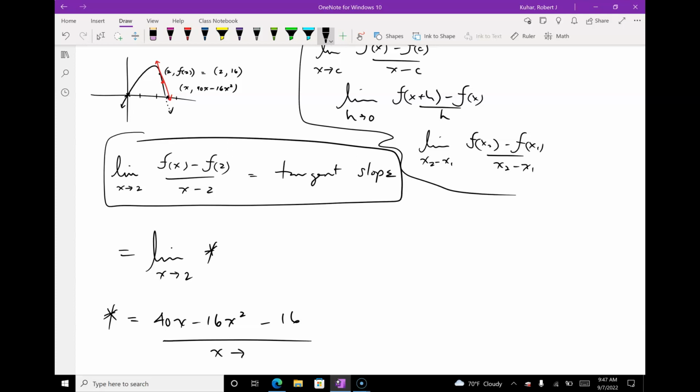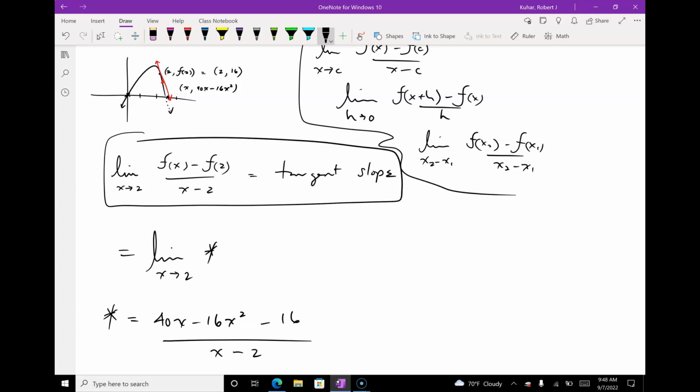Nice. And you can already see the problem when x is 2, because what happens downstairs when x is 2? I get a 0. I'm hoping I get a 0 upstairs as well. This is an 80, right? This would be what? Guess what? The upstairs is 0 as well.